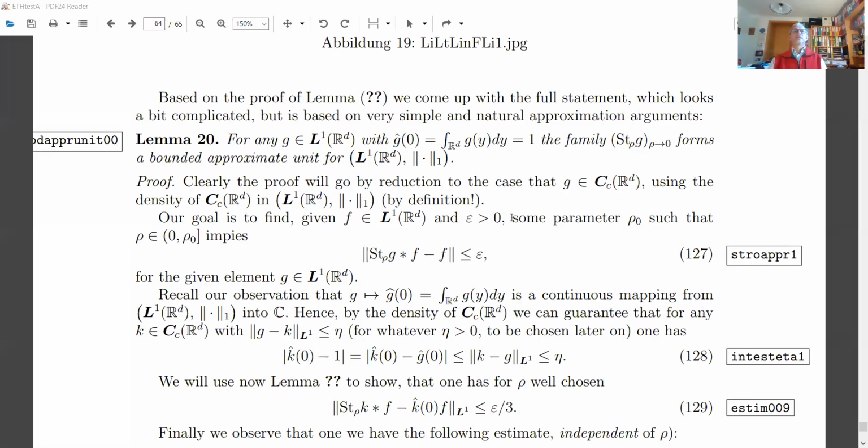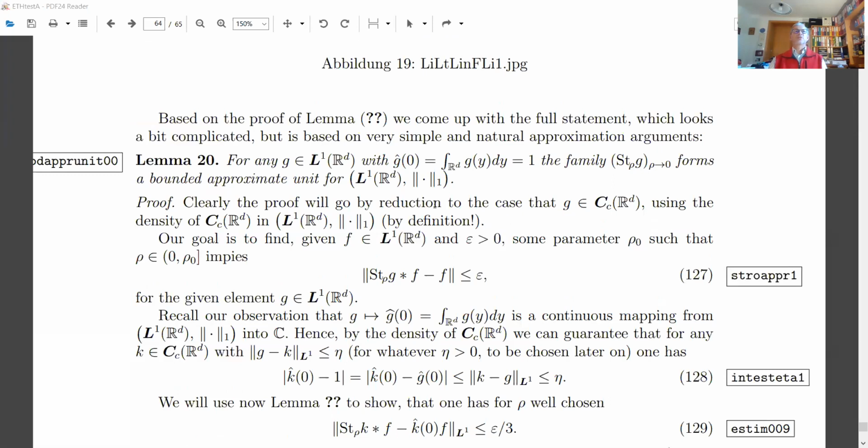Yeah, and I finish today's course with the following lemma. If you give me any function in L1, so either with compact support, nicely Riemann integrable, or a limit of such functions, and I think you should think of any probability density. In the ideal case, maybe you think of a Gauss function.